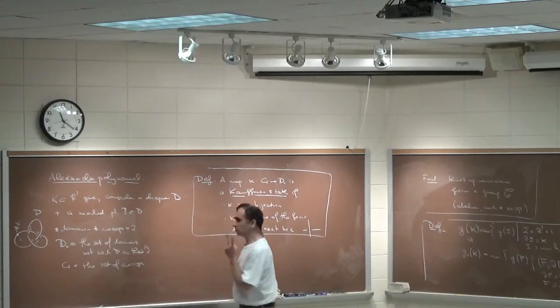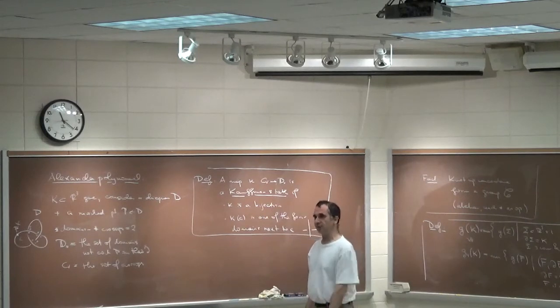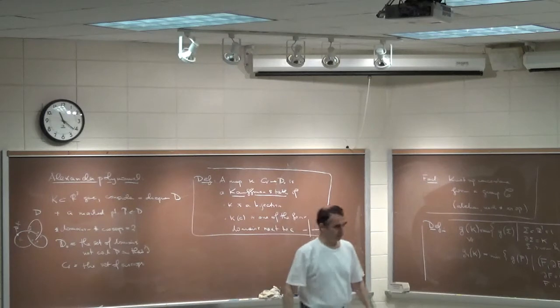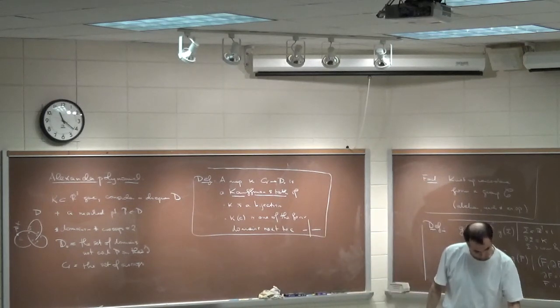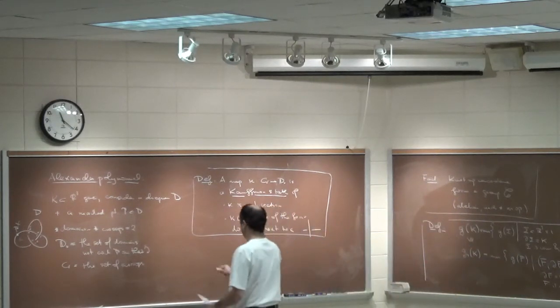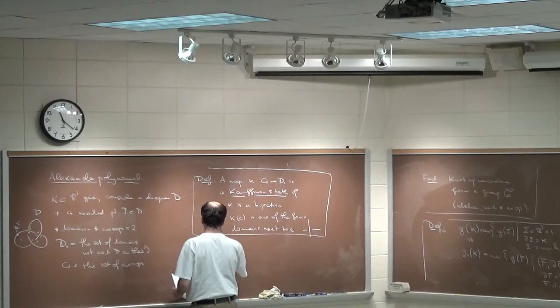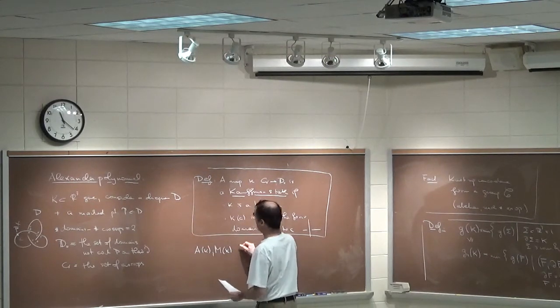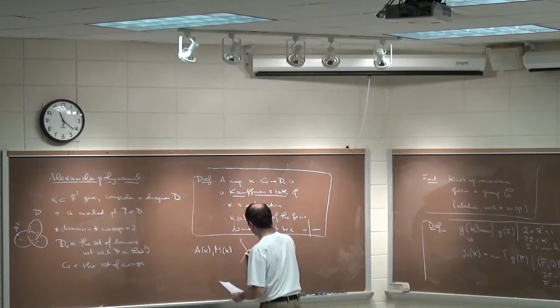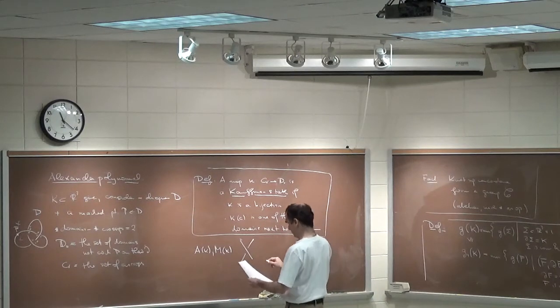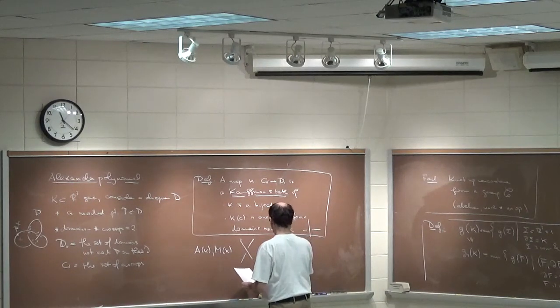We can associate two integers to every Kauffman state following the rule I will just outline here, and I need my notes for that. So A kappa and M kappa are defined as follows. Pick an orientation on the knot. It doesn't matter which one you pick, and do the following.